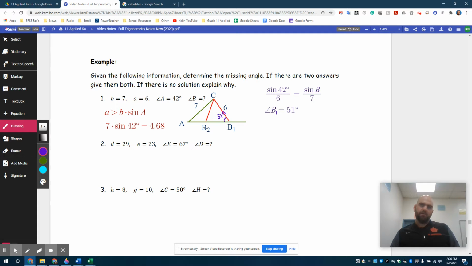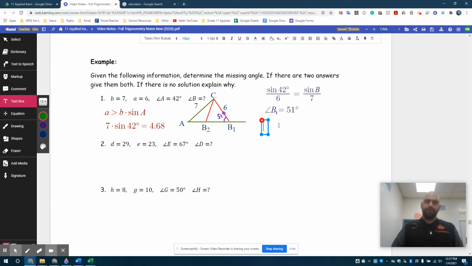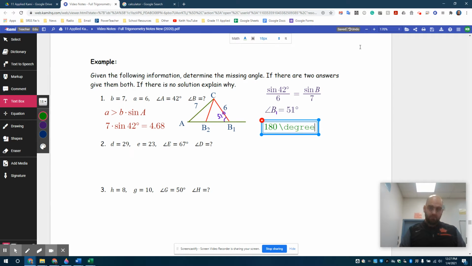There's my nice 51. And then the other one, B2, to find B2, we need to do 180 minus 51 degrees. And so we're going to get a measurement of 129 degrees is equal to angle B.